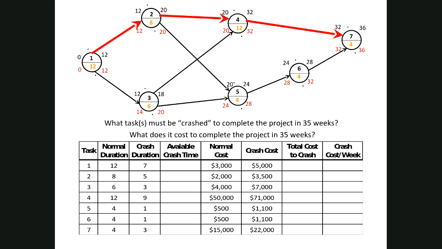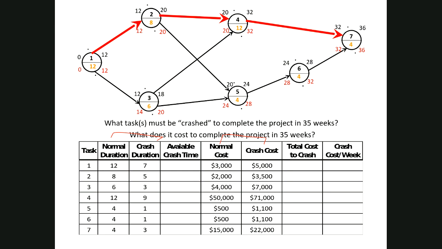And you'll notice, again, it's the same information from the previous slide, except it's been rearranged. Now we've got the durations together, and we've got the normal cost and the crash cost together. Normal duration and crash duration, normal cost and crash cost.